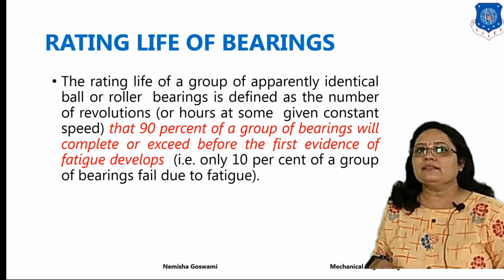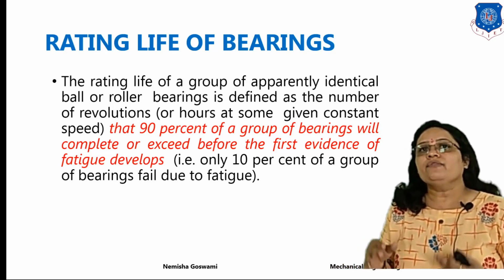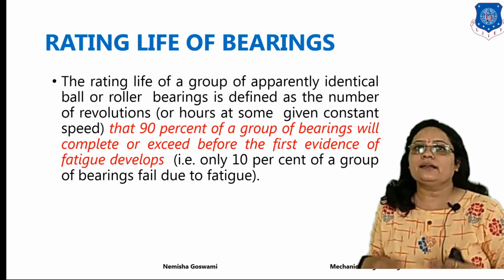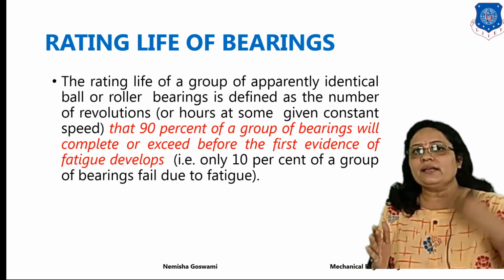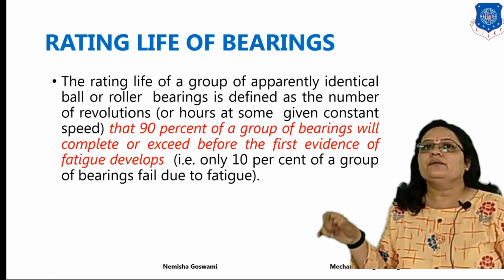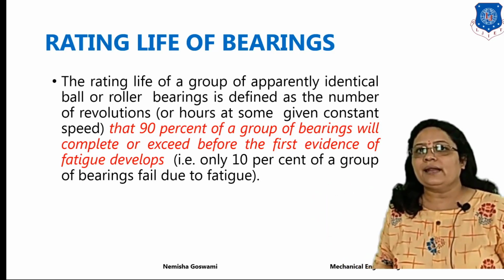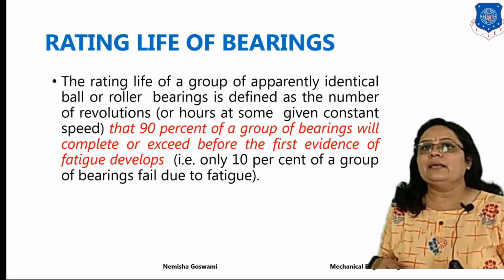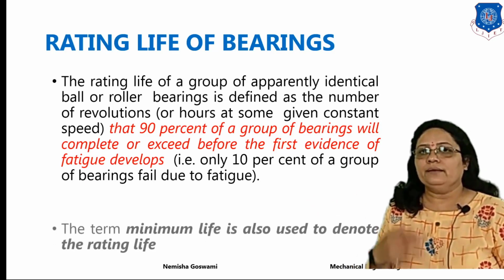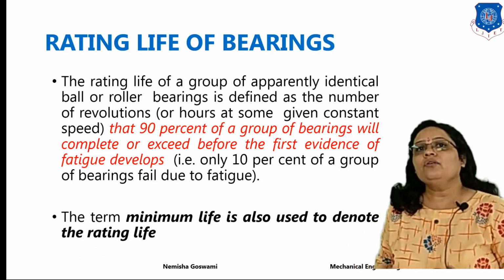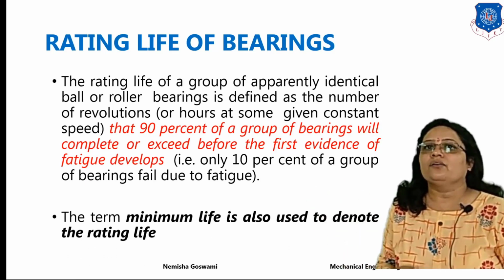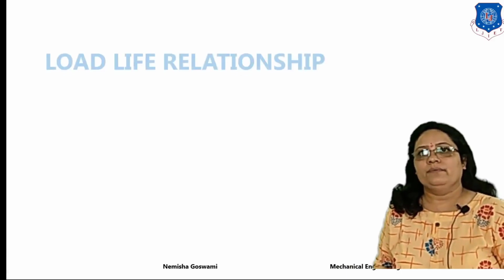And we have seen in the last lecture, if reliability is not always 90%, when we have to consider reliability more than 90%, we already saw the relation for reliability more than or less than 90%. And we know the minimum life always indicates the rating life of bearing, right?